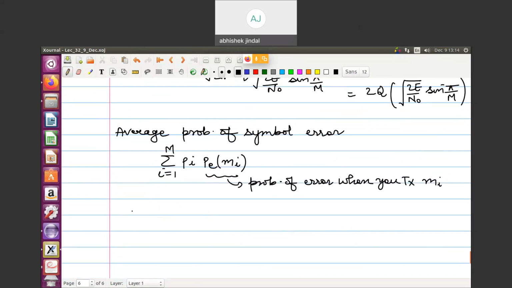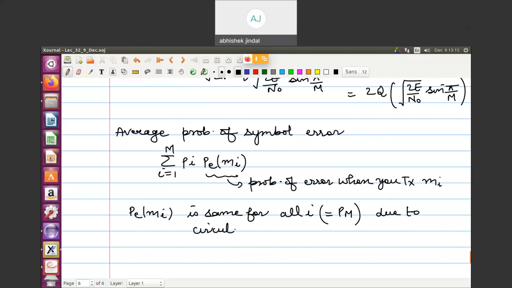What we have said is that the probability of error for m_i is the same for all i because of this circular symmetry, which is equal to P of M.